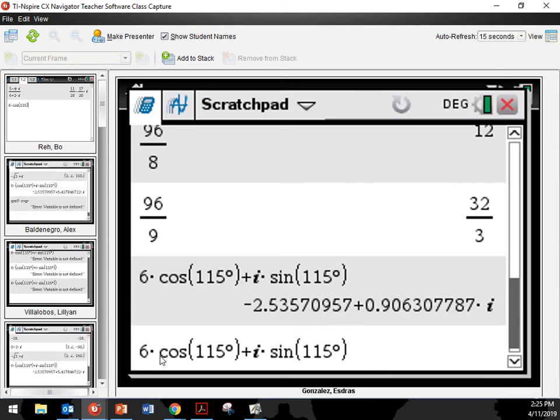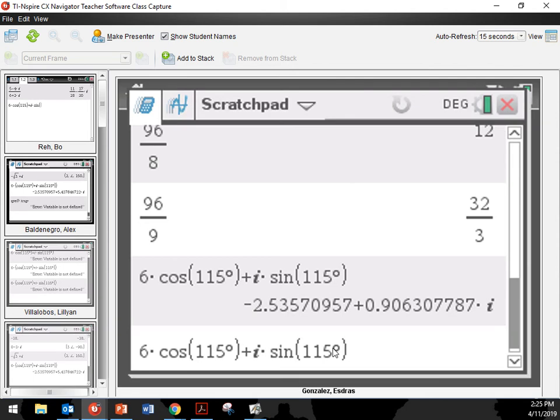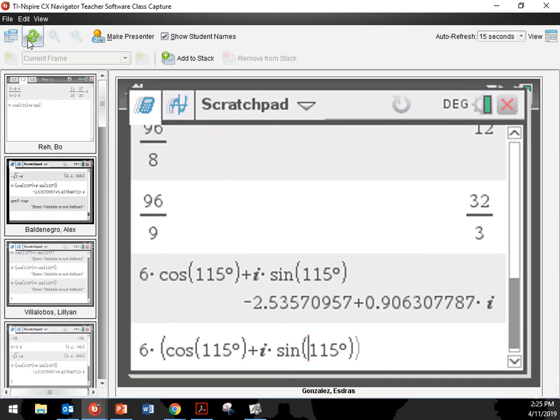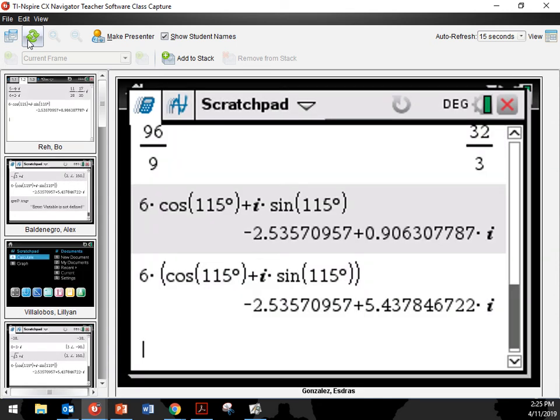Now put an open parentheses after the 6, in front of cosine. Okay. And then close it after the sine 115. There you go. Are you in rectangular? All right, there you go. You got the answer. Good job.